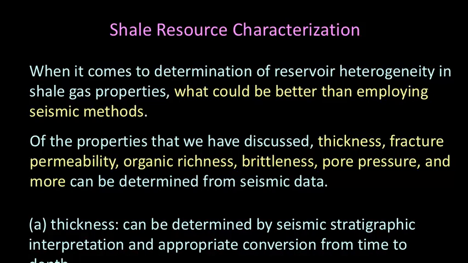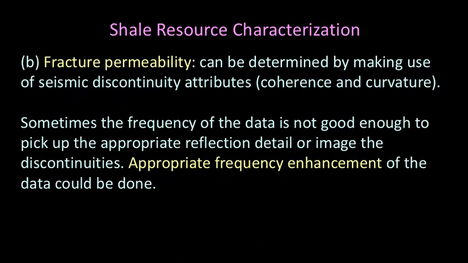Thickness is straightforward, because from seismic data we can determine the isochrons and then determine the isopachs, so that is a no-brainer. For fracture permeability, if there are natural fractures in the shale formations, we can determine this, shall I say, by the application of coherence and curvature type of attributes.